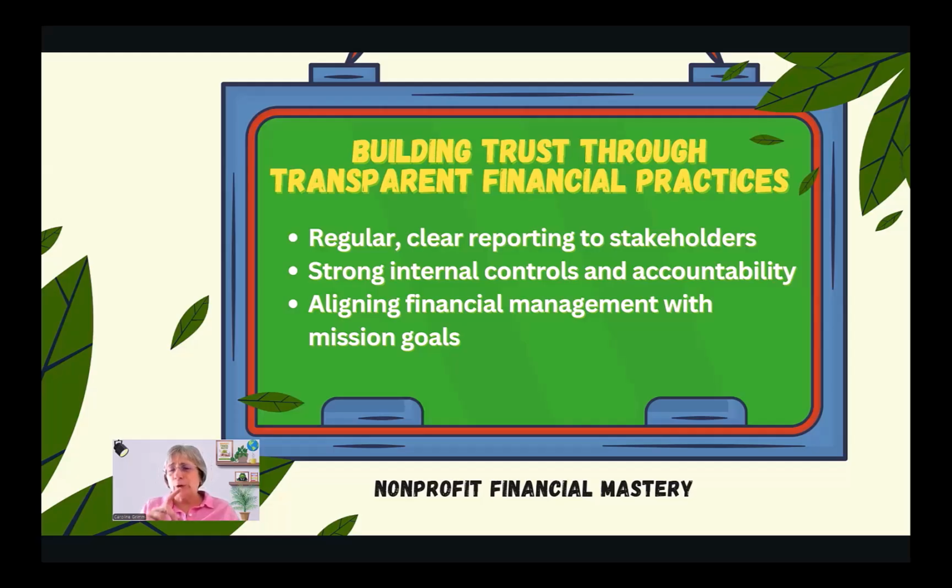We want to make sure that we are giving regular and clear reporting to our stakeholders, whether they're board members or community members or donors. We want to make sure that we have strong internal controls, things like who is going to handle cash when it comes in, who's going to sign checks, who's going to take deposits to the bank. Those are all part of the accountability and transparency that we have to adhere to in a nonprofit.